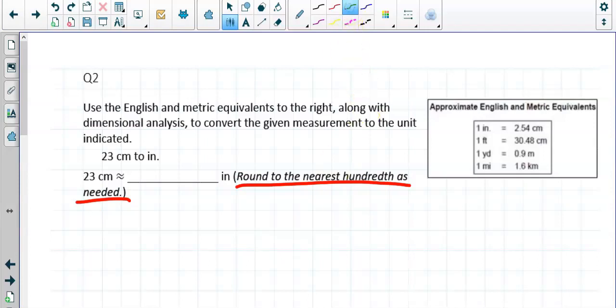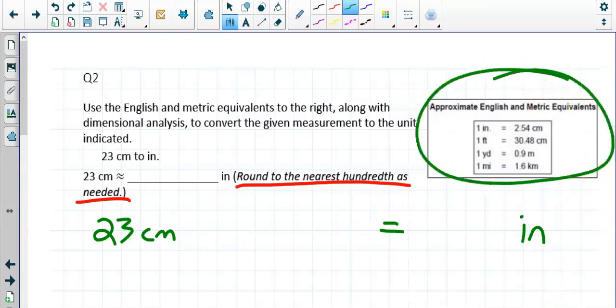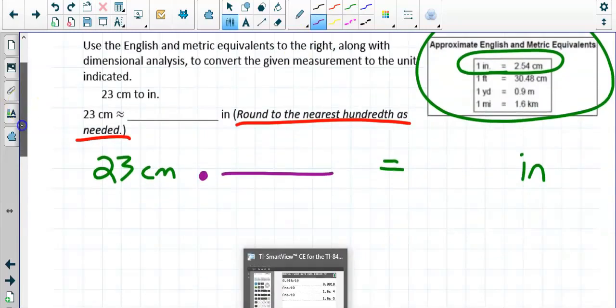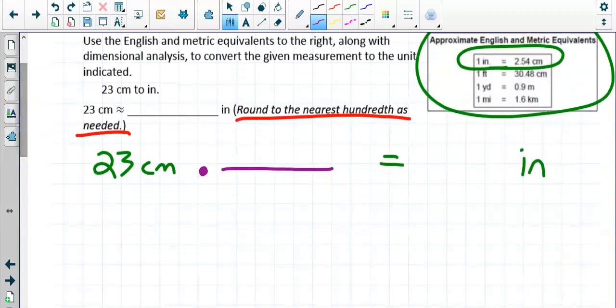So taking a look at what we got here. We've got 23 centimeters, and we want to convert that into inches. Well, if we look at our little box over here, is there a relationship between inches and centimeters? Absolutely, it's right here. So this is what we call our unit fraction. We just got to make sure that we get it set up correctly. So remember in dimensional analysis, I told you in class that the label we want to get rid of goes in the denominator.